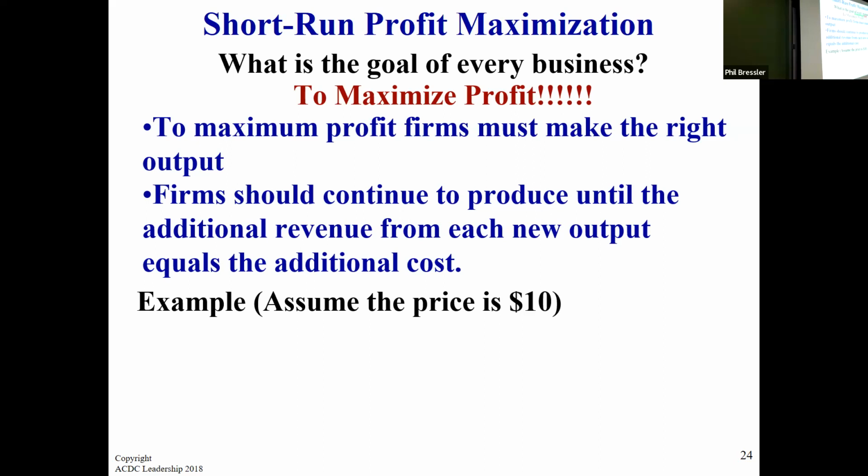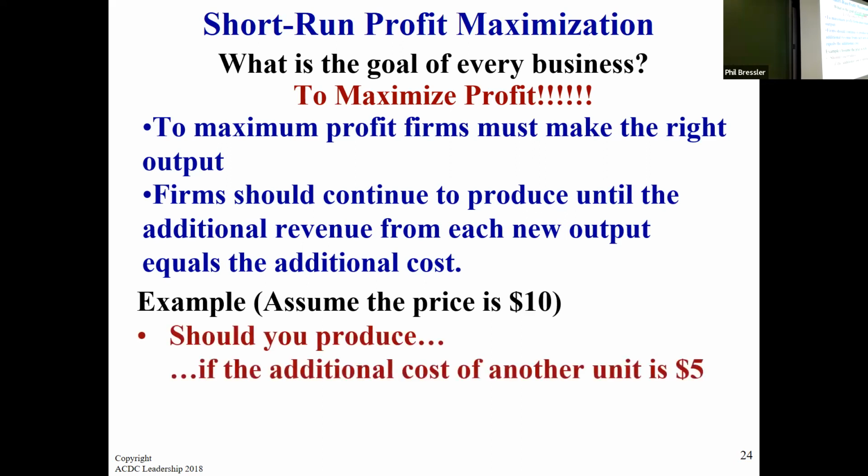It's 10, because in perfect competition, marginal revenue equals demand equals average revenue equals price, Mr. Dark. Okay?